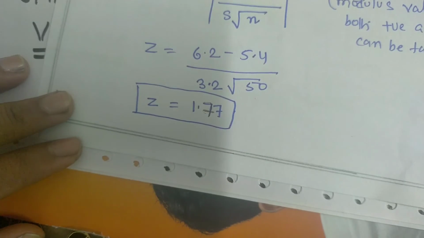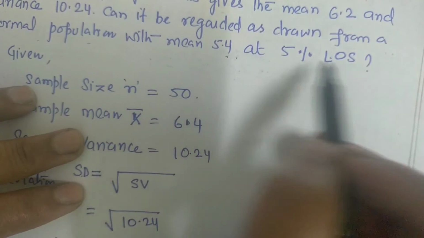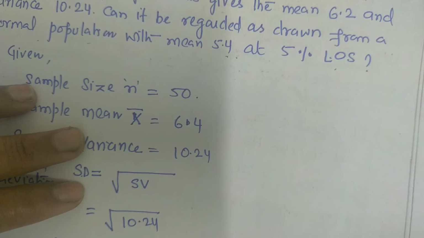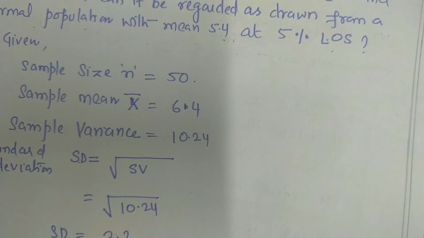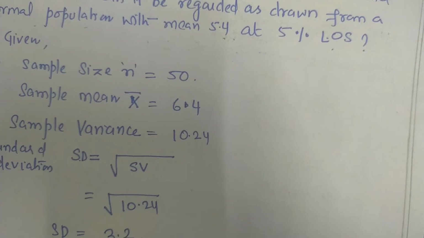In the question they have given the level of significance as 5%. I have shown you that table, that if the alpha value is 5%, then what will be the Z alpha value, so we'll show.